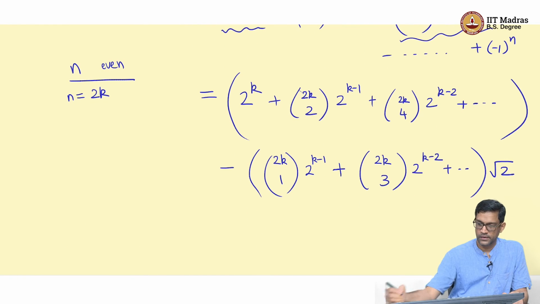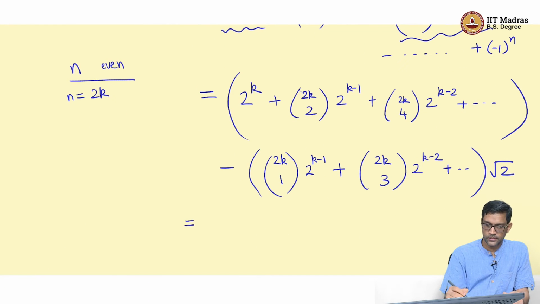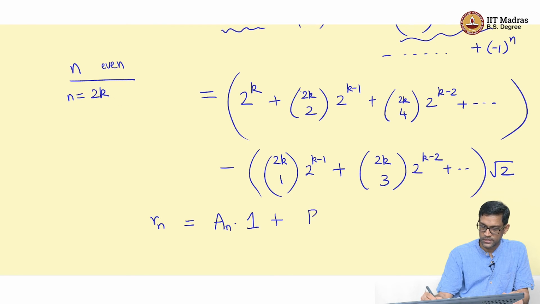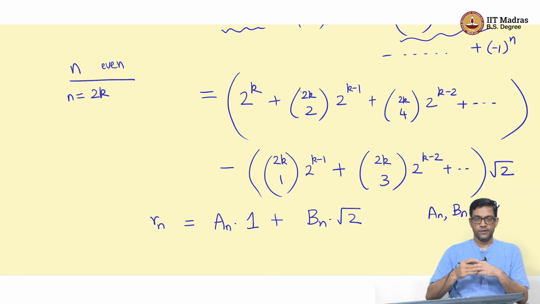Okay, so, what I have done really is written this remainder, the nth remainder Rn, as some multiple of 1. So, some a times 1, so let us call it an, plus some bn times root 2, where an and bn are some integers. I have just used the binomial theorem, just expand power of root 2 minus 1, it nicely splits into two parts.